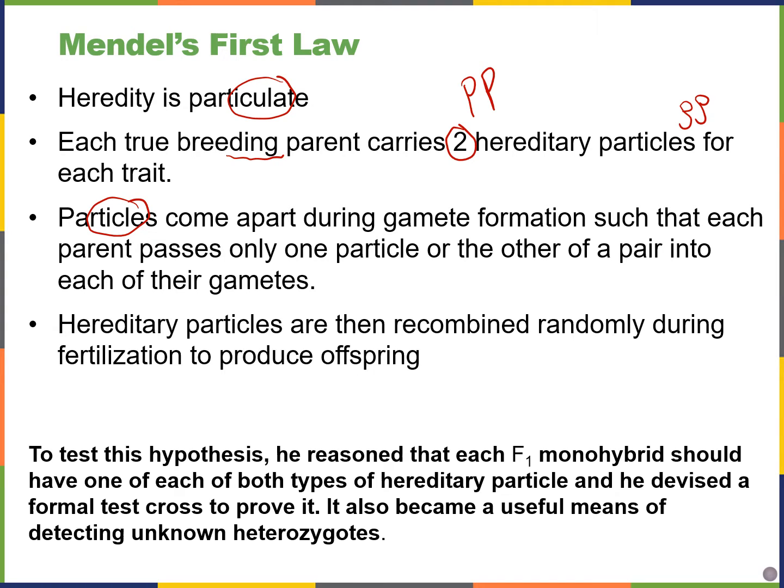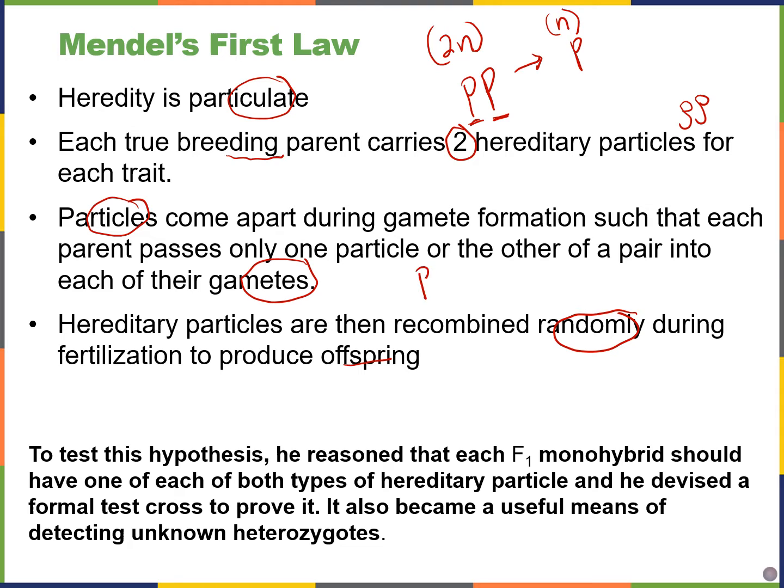Parents are diploid, and the gametes, the sperm and egg that are formed, are haploid. Only one of these alleles is passed on through the gametes, and they recombine randomly. So the sperm and egg recombine randomly during fertilization to produce offspring.